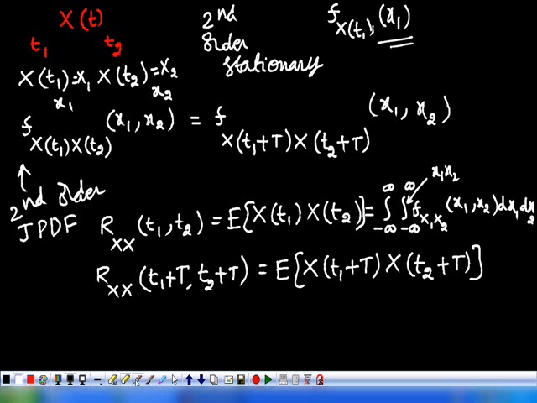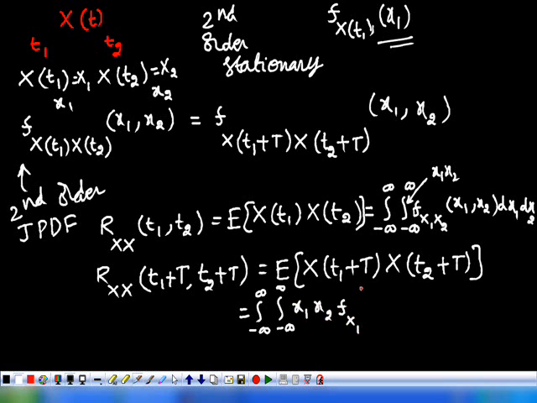Now, what about the second equation? This is the integral from minus infinity to plus infinity, and again from minus infinity to plus infinity, of x1, x2 times f.